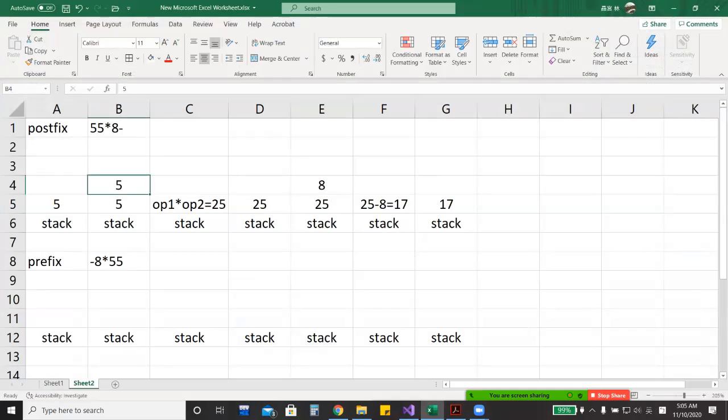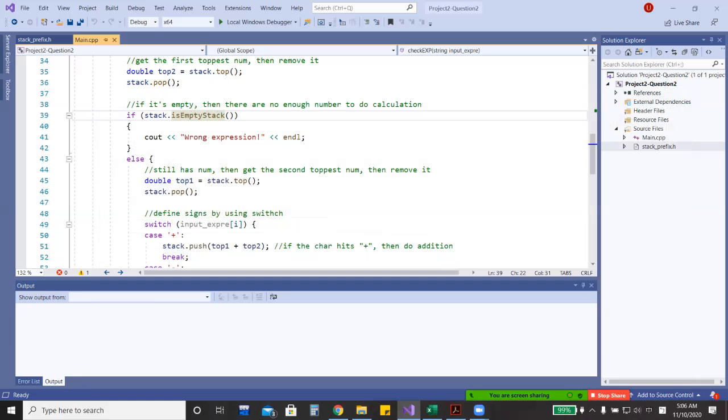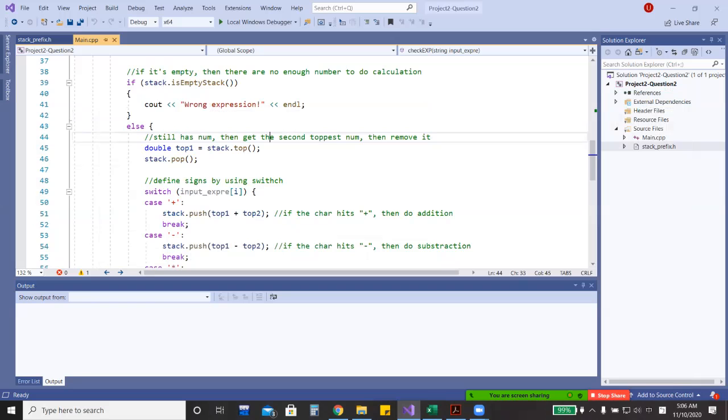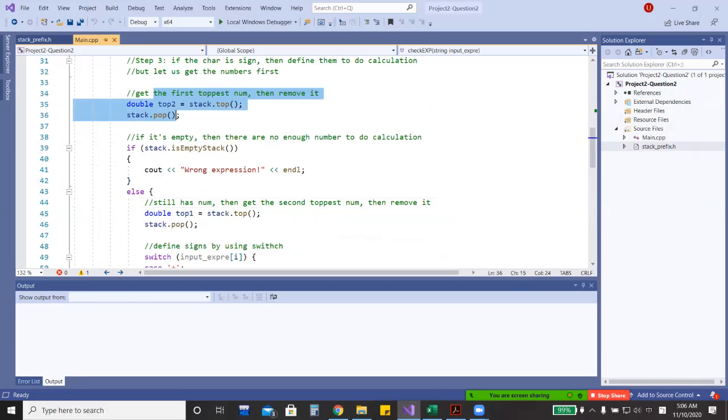If there's only 1 character here and I pop it out to OP1, then the stack becomes empty, so this is a wrong expression because I don't have enough numbers to do the calculation. I need 2 numbers to do the calculation, so if I don't have them, that is a wrong expression. So this step is just to check that.